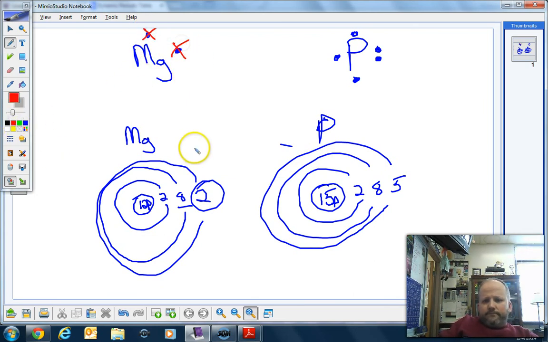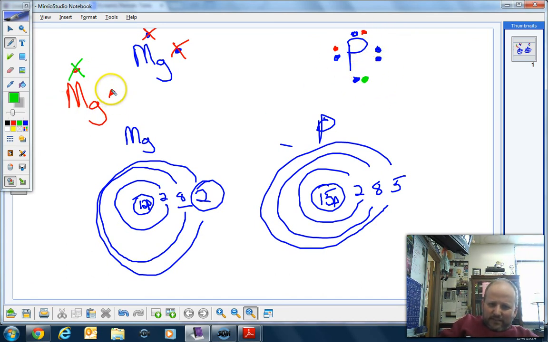Boom, gone. Well, they can come over here to this phosphorus. But this phosphorus doesn't have 8. So where can it get more? It can get more from another magnesium that has 2 valence electrons. So let's change color. That one's going to leave, and it's going to come here. Okay, now that phosphorus has 8.